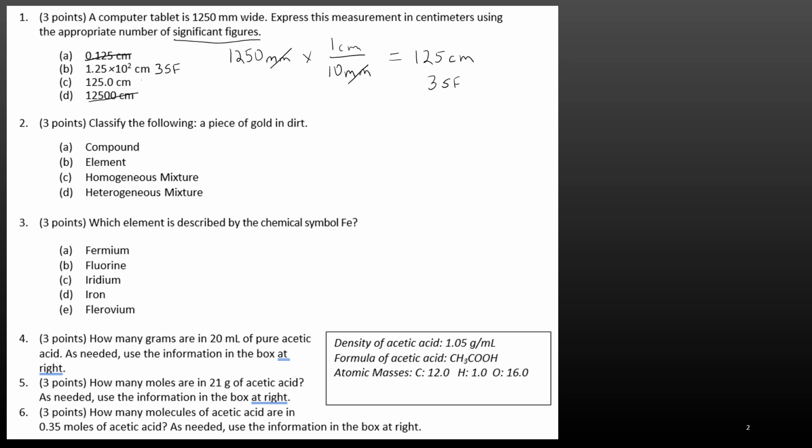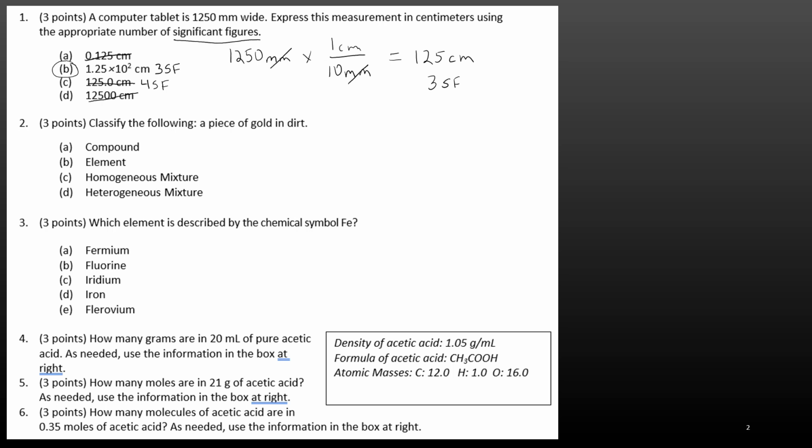In C, we actually have 4 significant figures because of that decimal point. That makes the 0 after the decimal point significant. So we started with 3 significant figures, and we want to report 3 significant figures. So number C is not the right answer, and we're left with B.